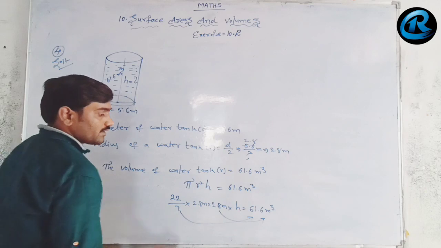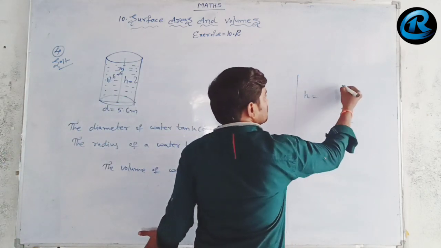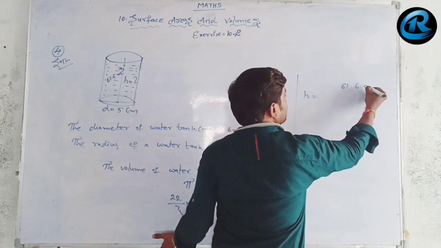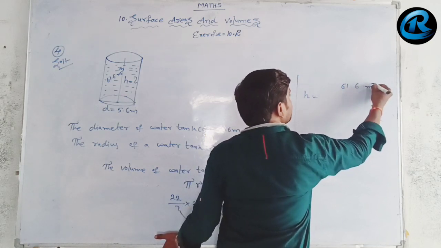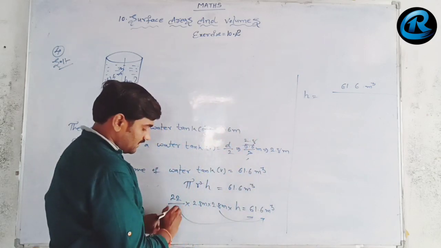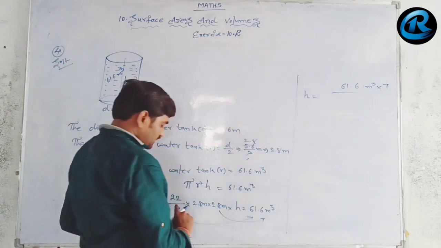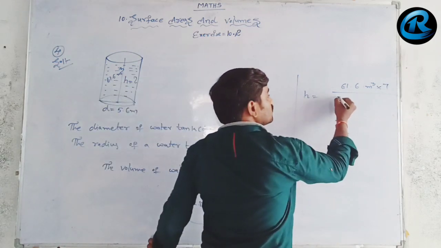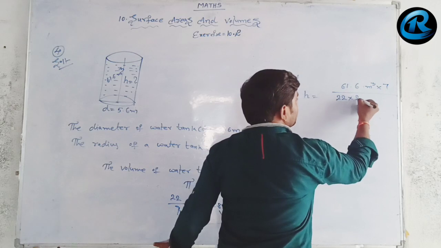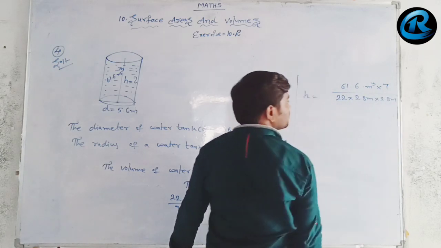Simple. H equal to 61.6 meter cubes by, here 7 is dividing, so it becomes a multiplication, and the multiplication terms become a division. So 22 into 2.8 meters into 2.8 meters.